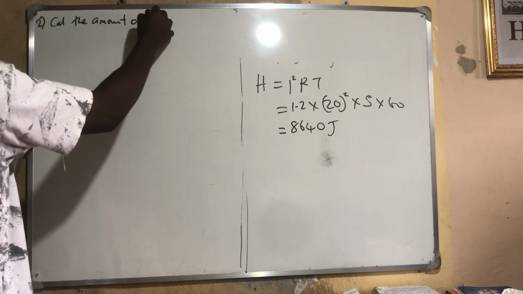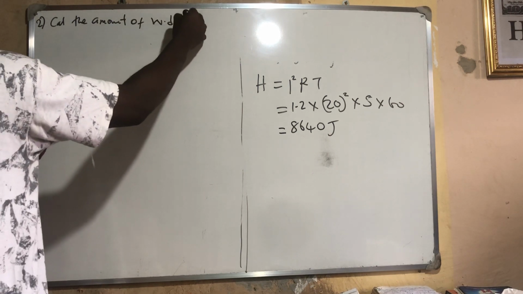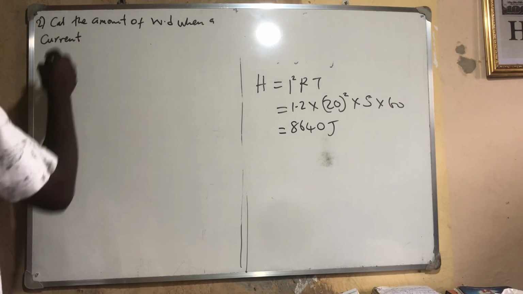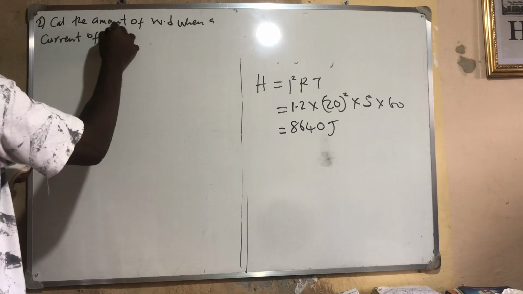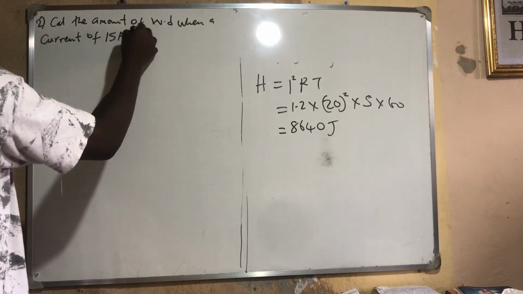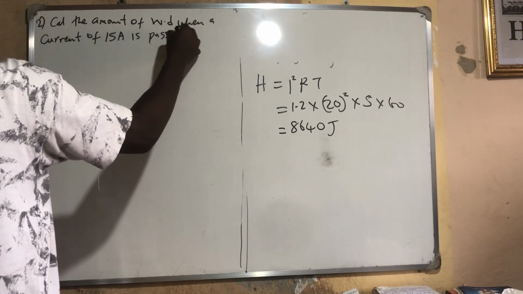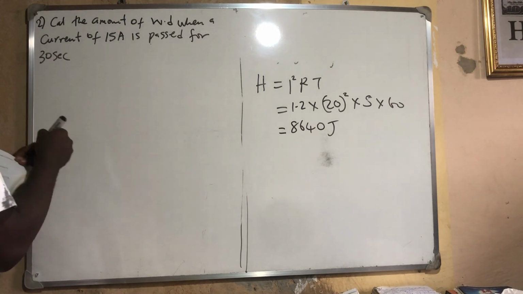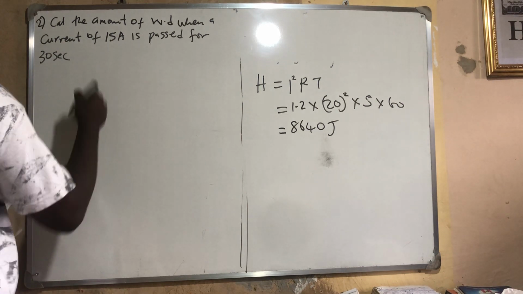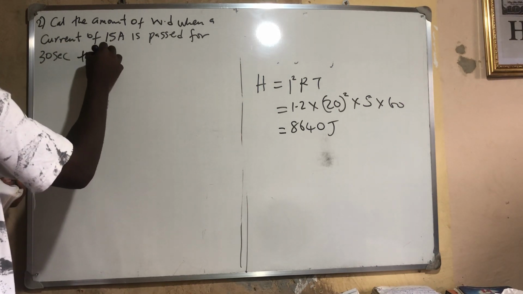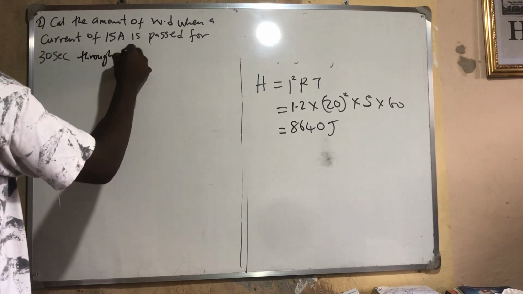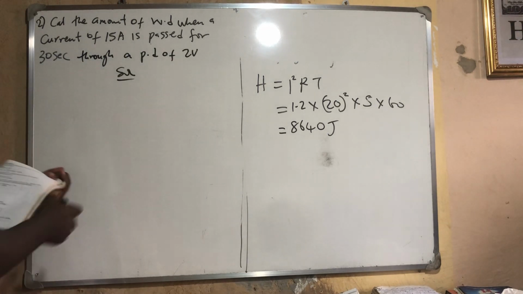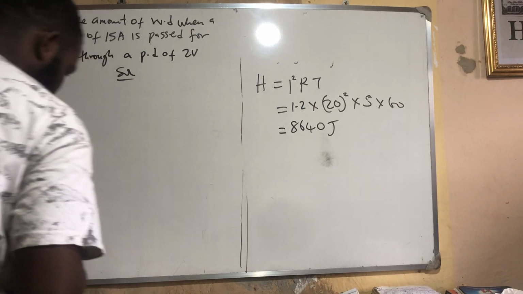So the next question, question number 2, said calculate the amount of work done when a current of 15 ampere is passed for 30 seconds through a potential difference of 2 volts. Solution. What do we know?